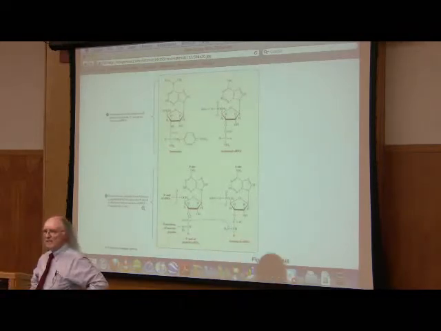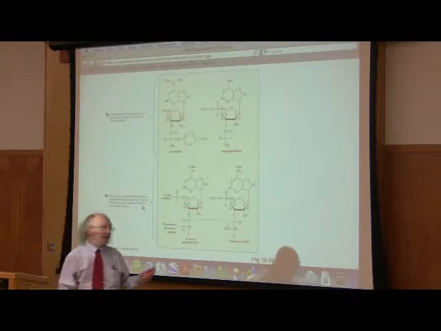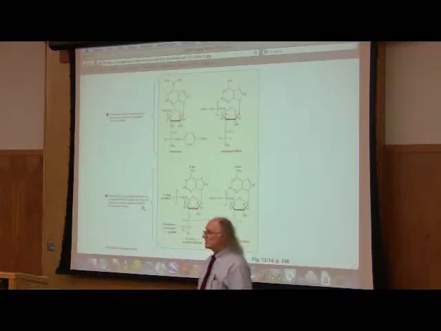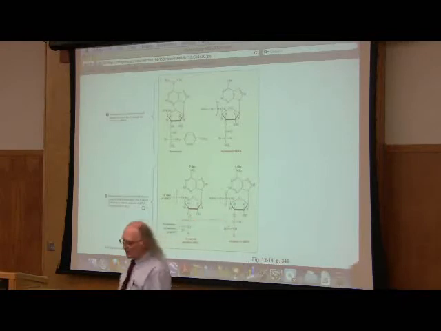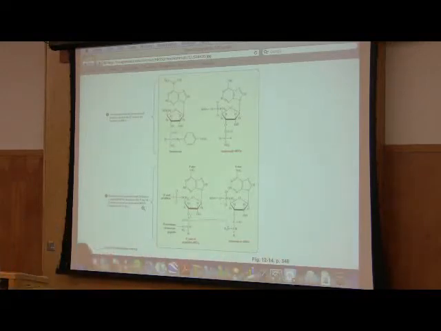It will not bind in the A site of your ribosome. Consequently, puromycin will stop translation, because when it gets there, the ribosome can't attach everything and continue the process. So puromycin is mucking with elongation. It's mucking with bacterial elongation.